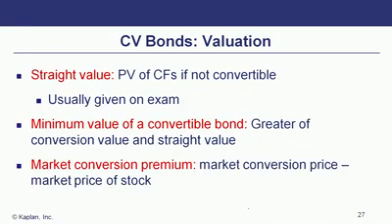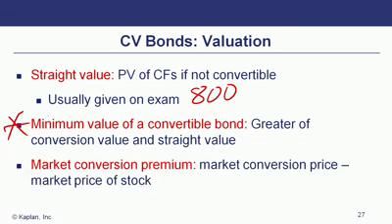The straight value of the bond, this is usually going to be given on the exam, but we know it has to be lower. Let's just say it's 800. If you buy a bond that has this option to allow you to convert, you're going to pay more for it because you're getting a call option. So we'll say that the value of a straight bond is 800. This is one of the main things that I would focus on: the minimum value of the convertible bond.